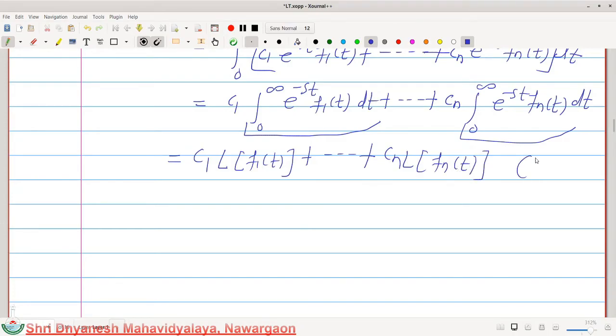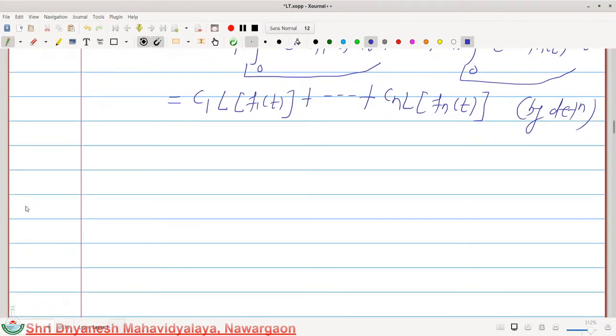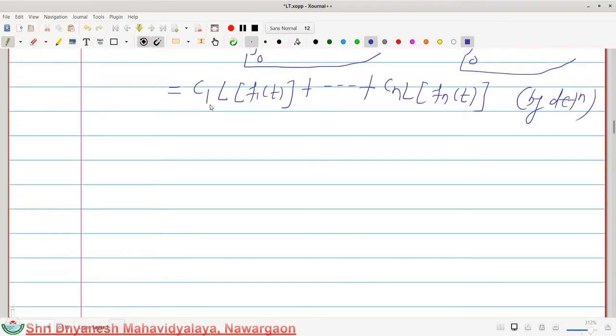You can give the reason here by definition. Okay. And Laplace transform of f1(t) is denoted by capital F1(s) plus so on cn Fn(s). Okay.